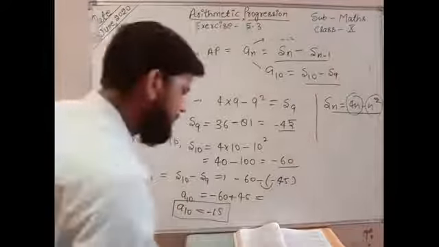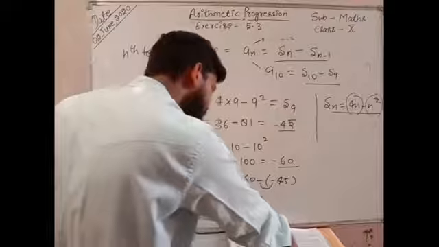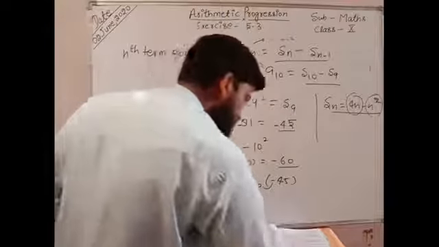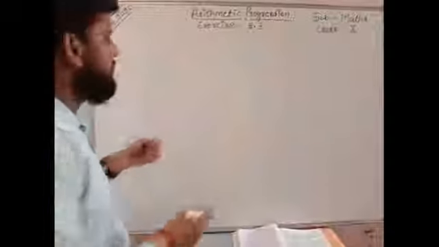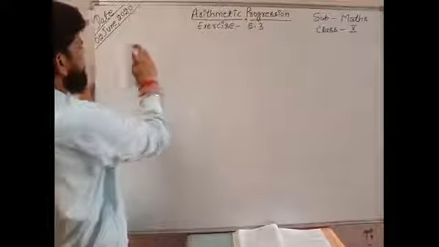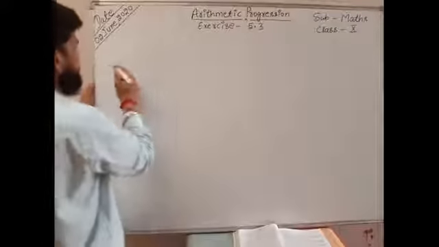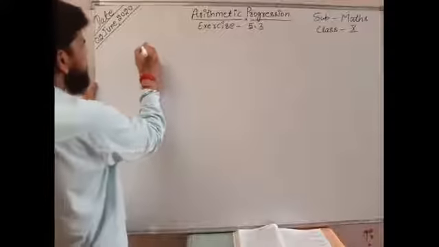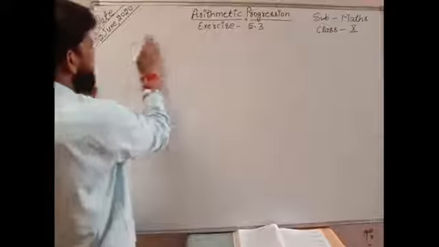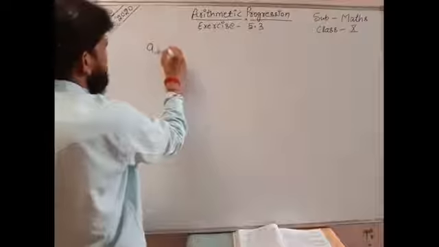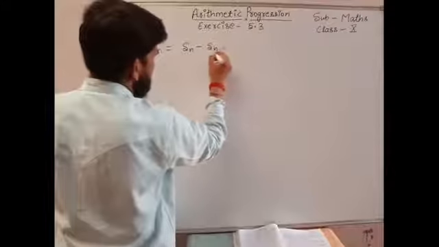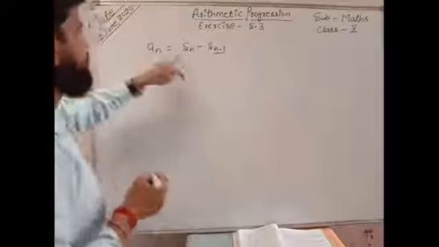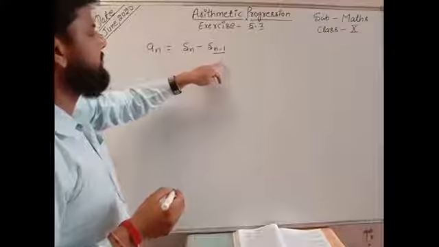Okay. Now the next part is we have to calculate the nth term also. So for calculating the nth term, again An is equal to Sn minus Sn minus 1. Here I have to calculate Sn and after that Sn minus 1.